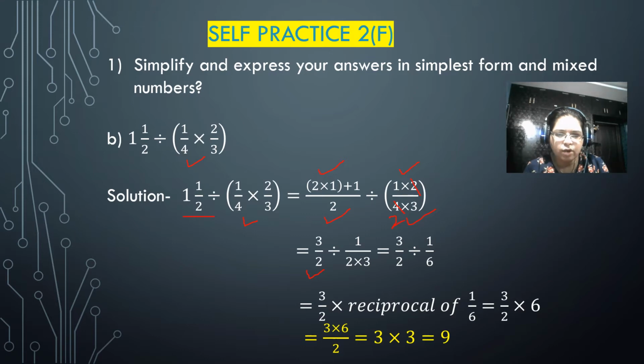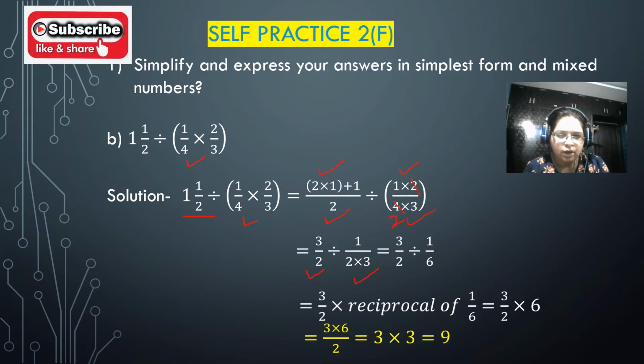So we get 1 divided by 2 multiplied with 3. We get 3/2, division of 1 divided by 2 multiplied with 3. And 1 divided by 2 multiplied with 3 is 1/6. So we get 3/2, division of 1/6.